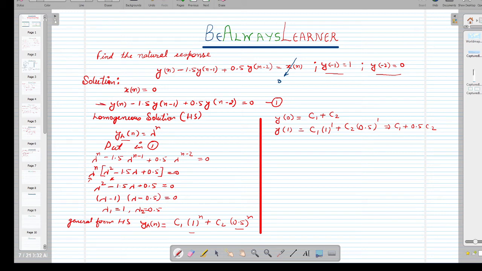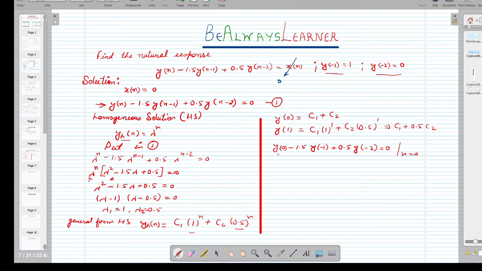So this is the equation in the starting we were having. So this will be y0 minus 1.5 y minus 1 and plus 0.5 y minus 2 is equal to 0, right? So this is for n is equal to 0.